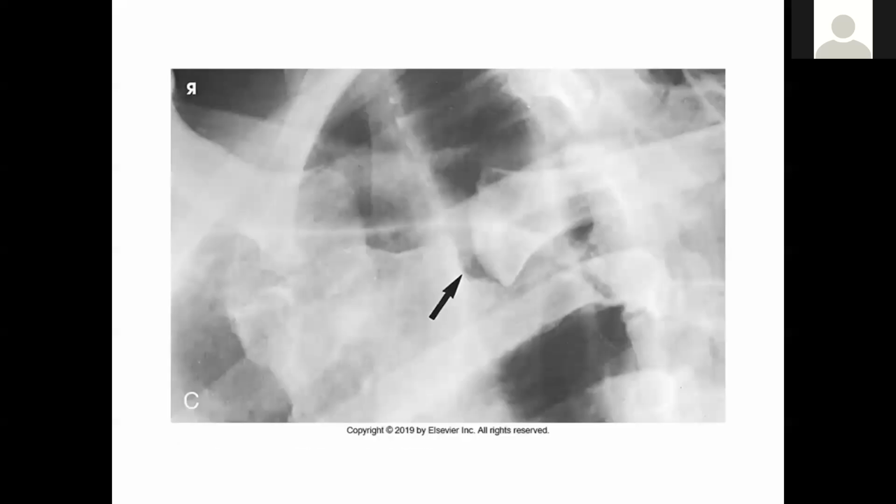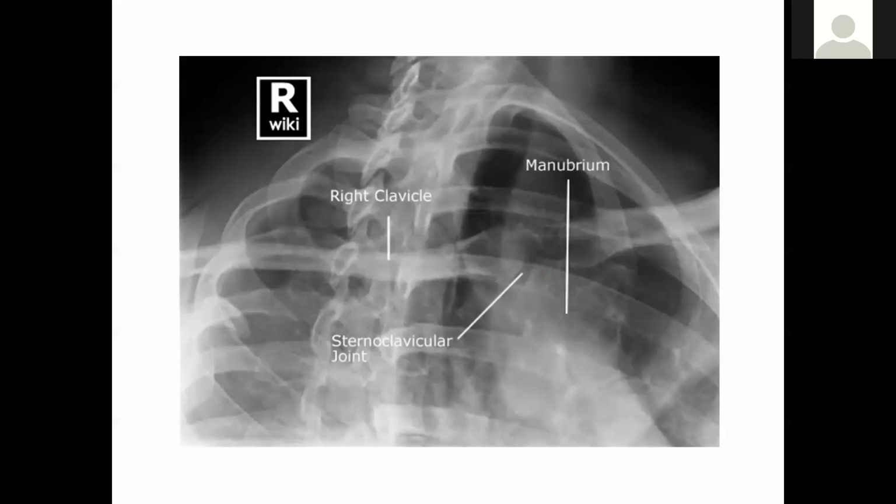You can be fine with this much, and note how open that joint space is. Manubrium, because of the open collimation, you can see the body of the sternum. Right clavicle almost completely visible on this field. Left clavicle superimposed over the manubrium.